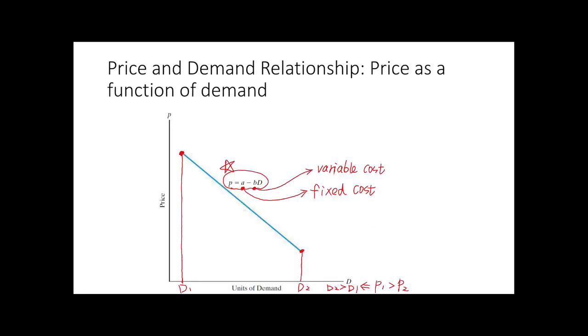And you also want to know the general way we write the relationship between price and demand will be P equals A minus B D. Here the A and B are just constant numbers to describe what exact relationship it is. But in a specific problem, A and B are going to be some numbers. Okay.